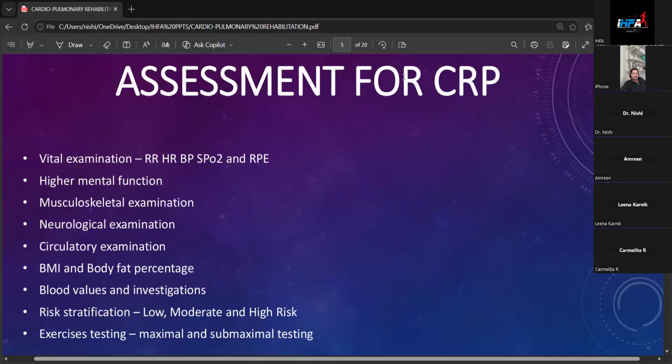Anything between 40 to 55% is a mild heart failure. Anything between 30 to 40 is a moderate heart failure. Anything less than 30 is a severe heart failure. Anything less than 20% is a very severe heart failure. So it depends on the condition in which the patient comes to you. Your assessment and your rehabilitation services will automatically change.